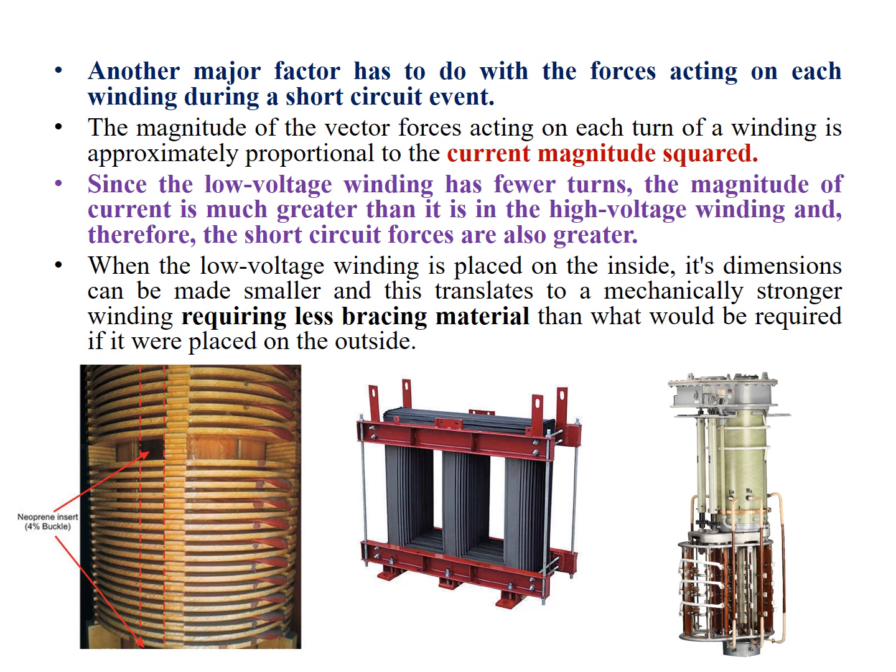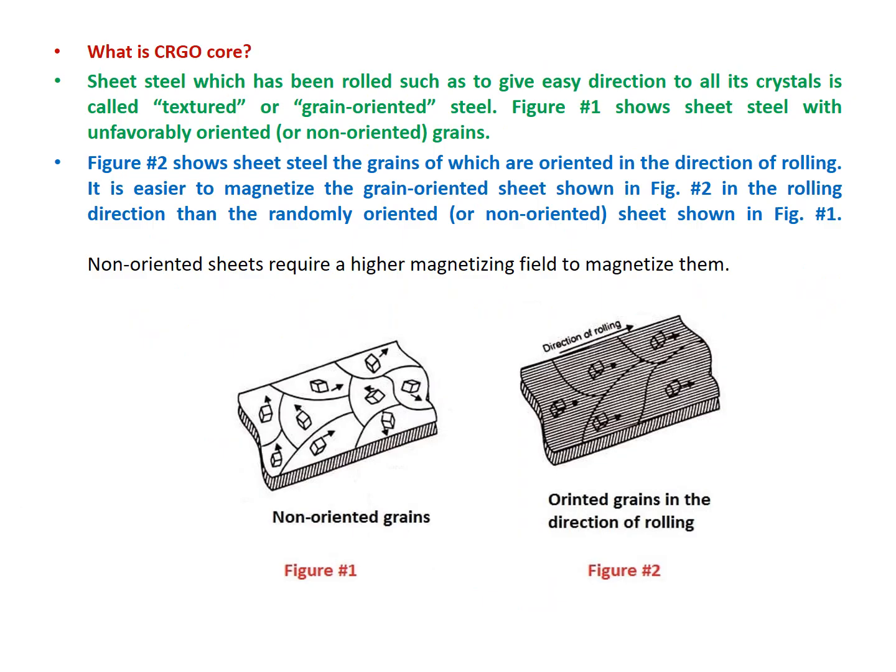So in the figure you can see the position of the low voltage winding and the high voltage winding. You can also see the bracing in the figure, and also we can see the step changer in the transformer.